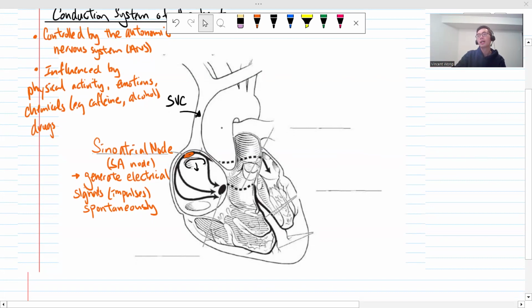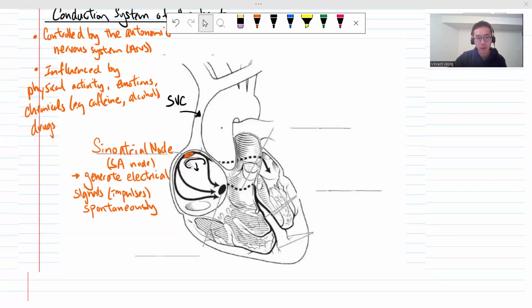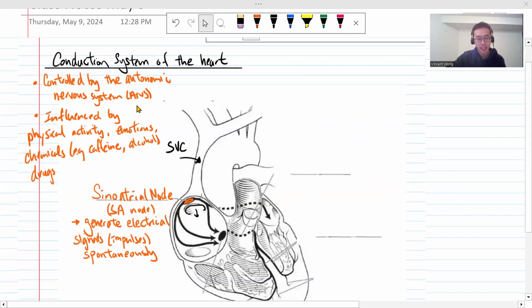So this SA node is capable of generating electrical signals on its own, right? And it's under the control of the autonomic nervous system. So we don't have to consciously think about beating of the heart. The body automatically does this for you, but we can influence the frequency of the SA node.